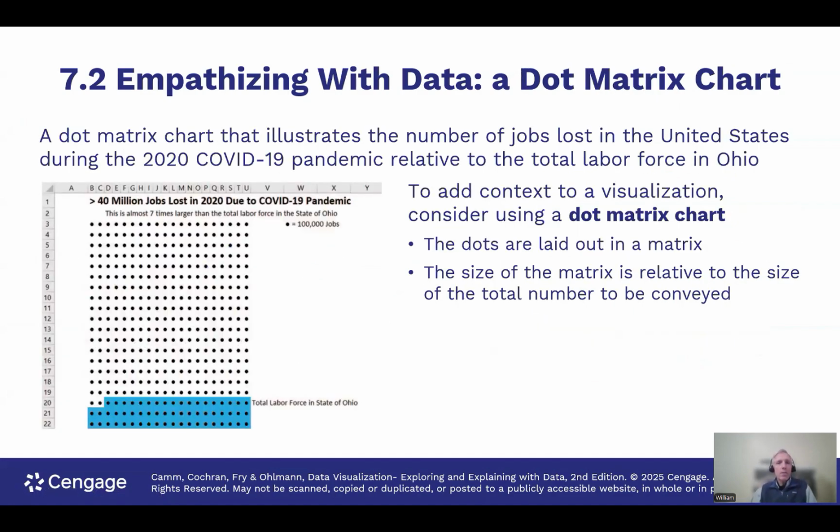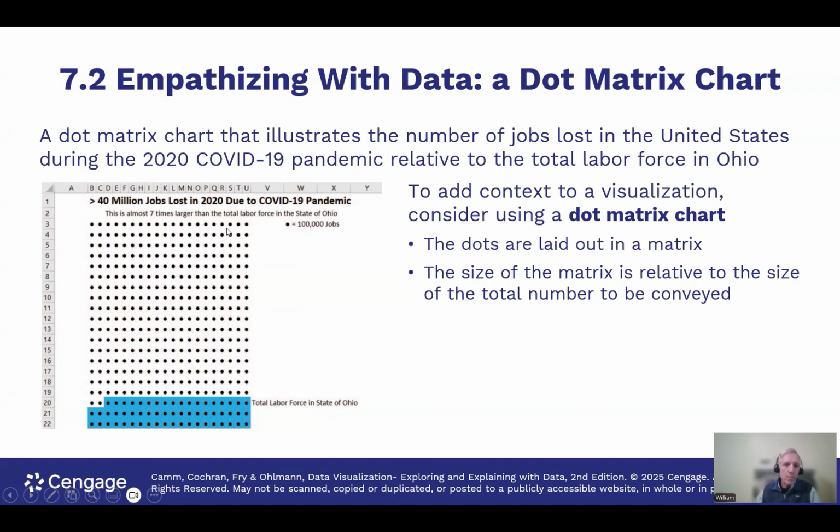So you might think about something like a dot matrix. Here's a dot matrix showing the number of jobs lost in the United States during the COVID pandemic relative to the total labor force in the state of Ohio, just arbitrarily selected. This blue is the labor force of the state of Ohio.